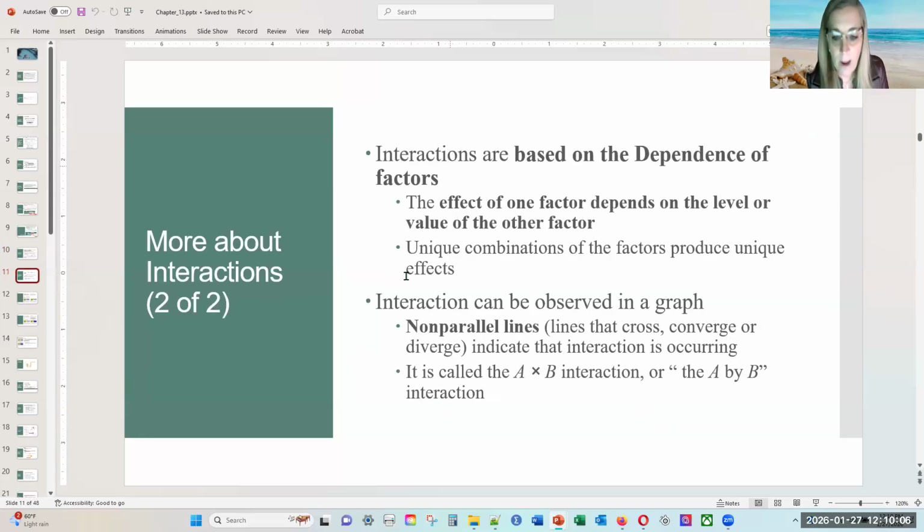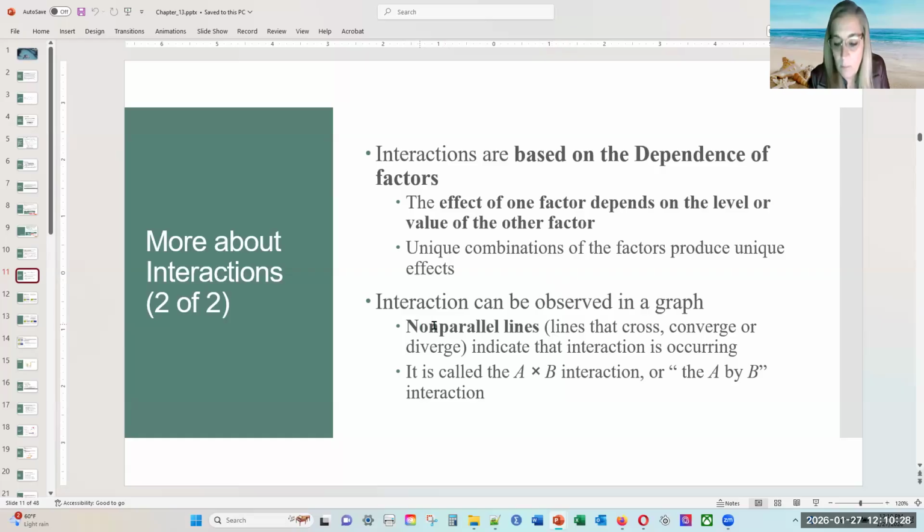All right, so interactions are based on the dependence of the factors upon each other. So the effect of one factor depends on the level or value of the other factor. So unique combinations of the factors produce unique effects. Interaction can be observed in a graph.